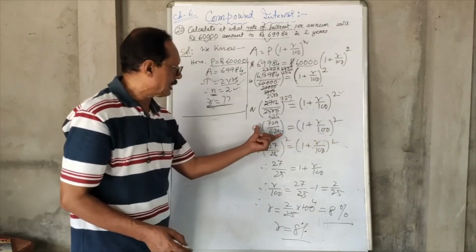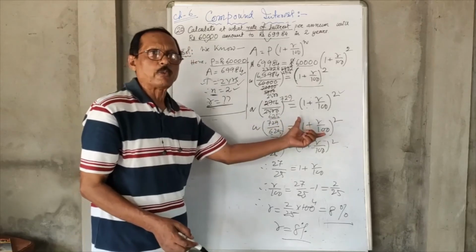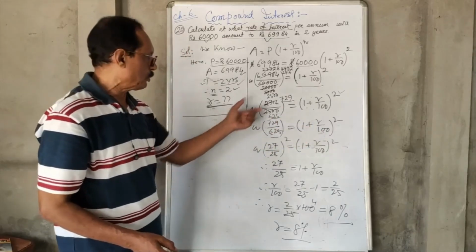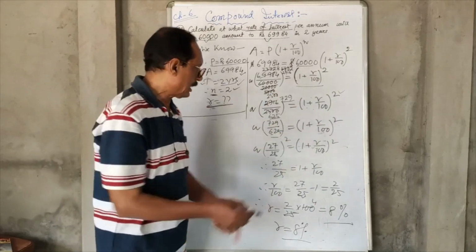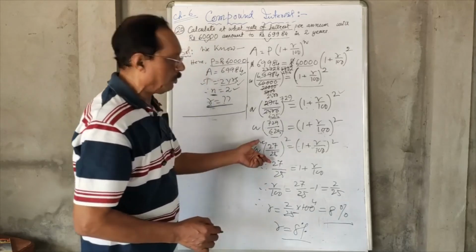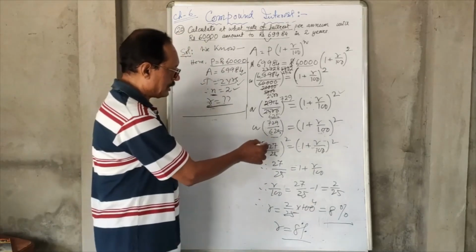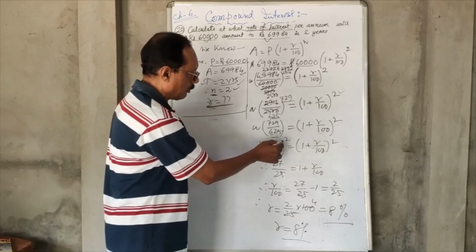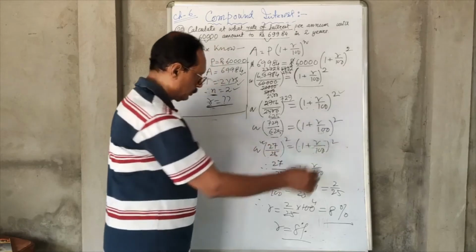When we convert the left hand side in the form of a square, we can take the square root of both sides and the square will be removed. So we got (27 by 25) squared is equal to (1 plus R by 100) to the power 2.